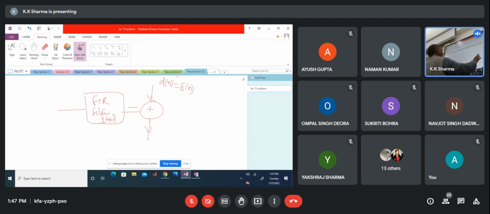And if it is not delta n, there will be some error, and you have to minimize the sum of the squared error. You square it and sum it over all n, and then minimize it, and that will lead to a new set of coefficients.